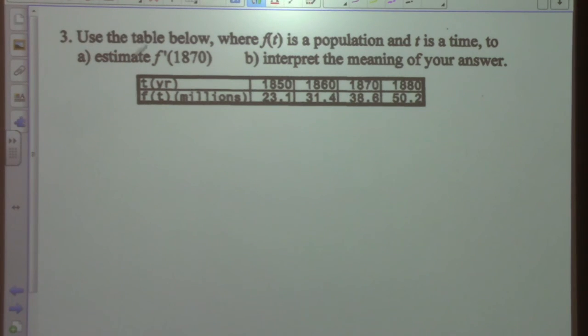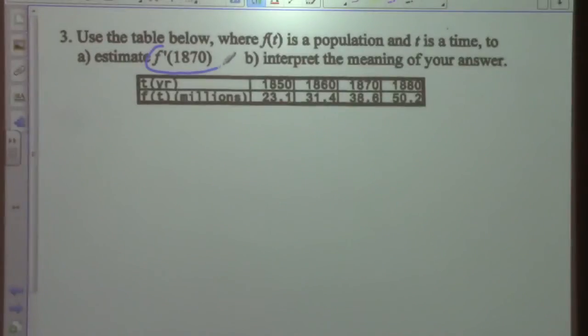Well, what it is, we're gonna have a lot of problems over the year where we look at a table, and what you're looking at is population over time. When we have this little apostrophe here, you would pronounce this as F prime of 1870.